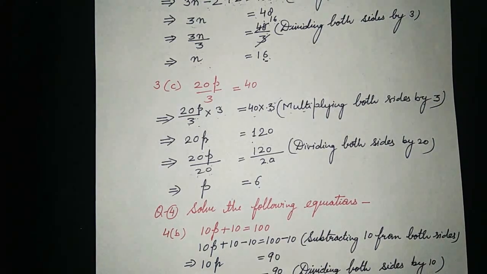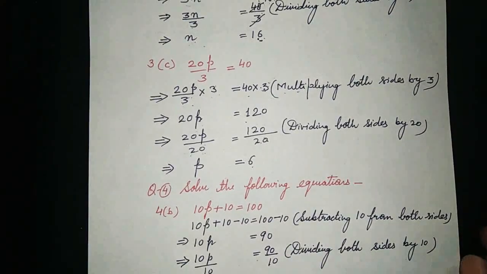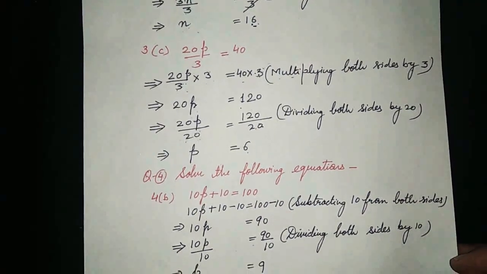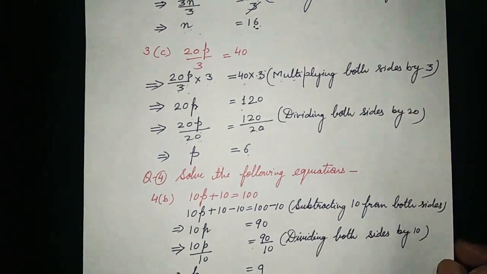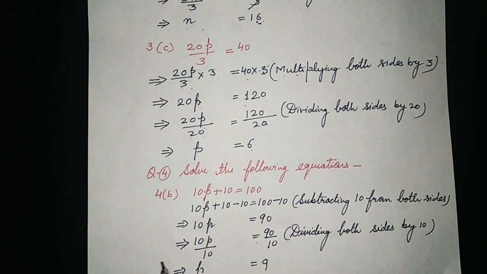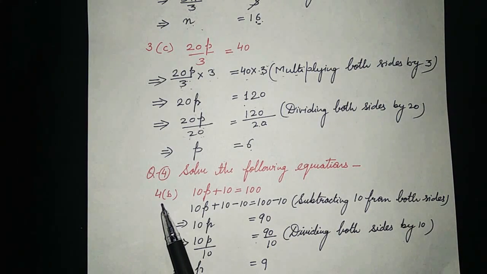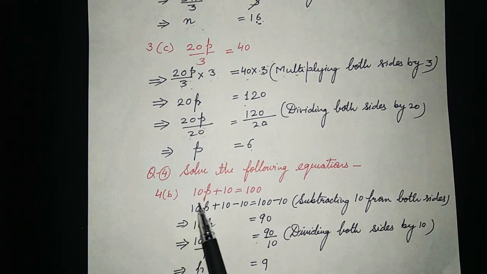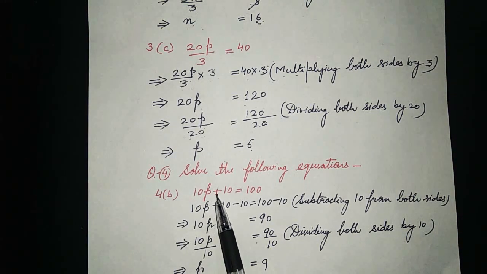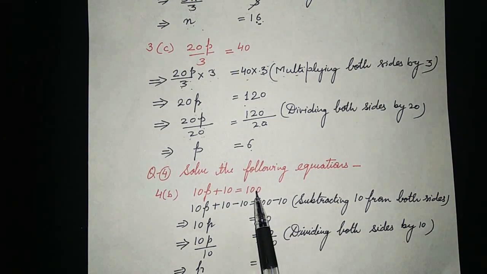Now see the question number 4. Question 4 is solve the following equations. You see the D part of question number 4. Equation is 10p plus 10 is equals to 100.